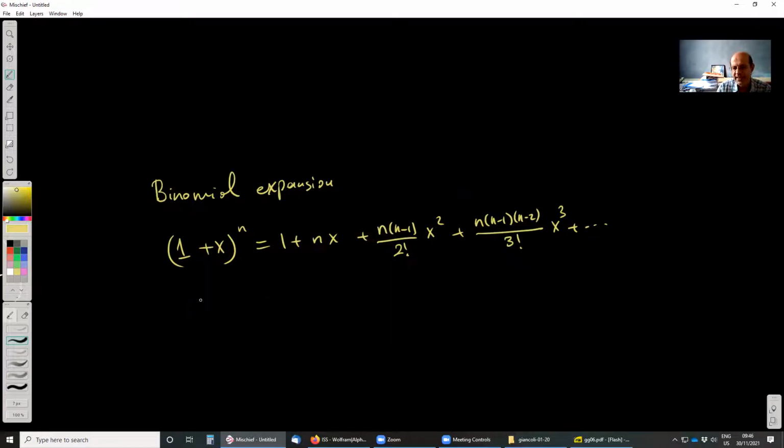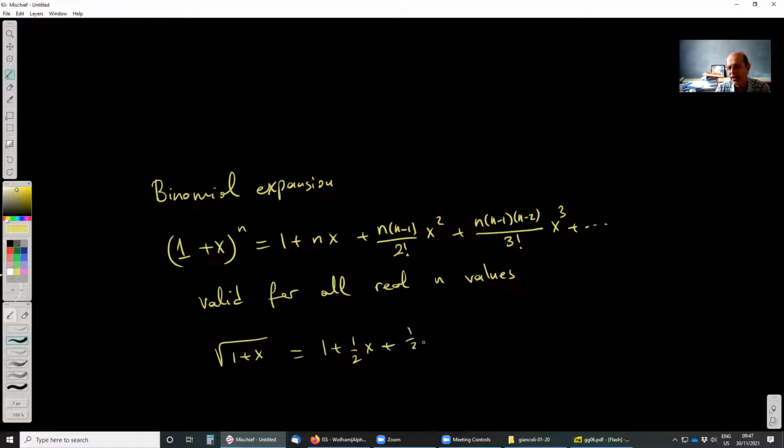What I said is that this is valid not only for positive integers, but also for fractional numbers and negative integers as well. So valid for all real n values. So as a result, for example, I can write the square root of 1 plus x in the same way, like 1 plus 1/2 of x plus 1/2 times minus 1/2, and so on. I can do this expansion in here.